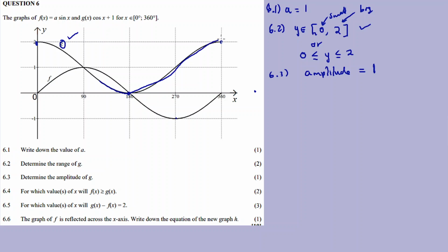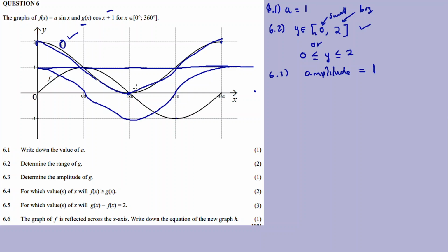This line is sort of like the axis of the function, right? Because g has been shifted 1 unit up. If I take this g and bring it 1 unit down, the graph would do something like this.